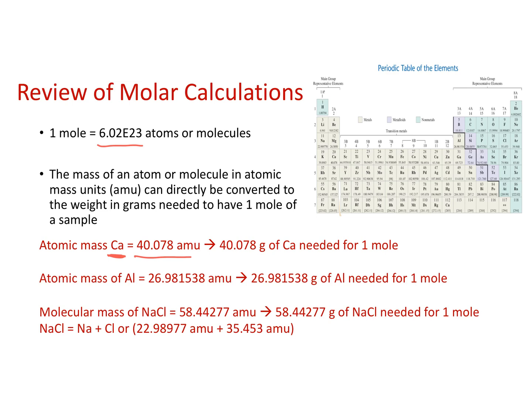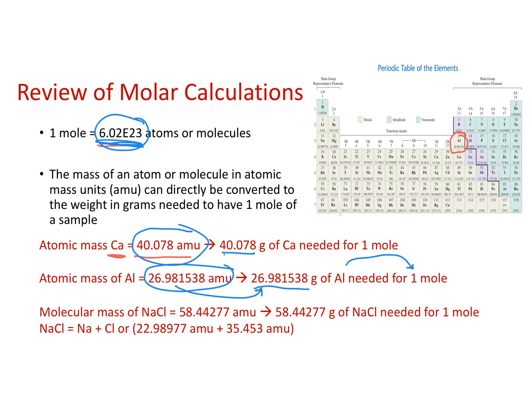Aluminum is 26.981538 AMU, so I would need approximately 26.98 grams of aluminum to have 1 mole, or 6.02 times 10 to the 23 atoms of aluminum. The amount of calcium needed is different from the amount of aluminum needed because their masses differ, but what's constant is the number of atoms in that sample.